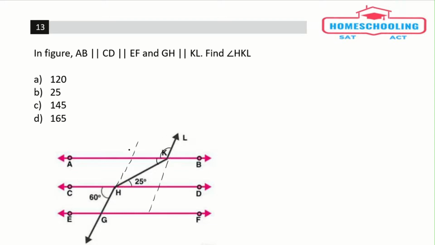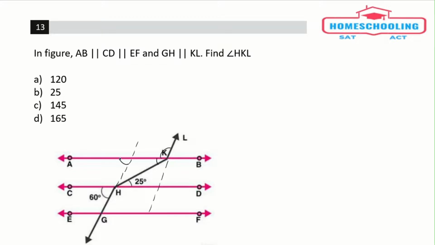Now, as we know, this is a transversal line and this line and this line are parallel. As we have read in the basics of this chapter of this video, these two angles are corresponding angles.